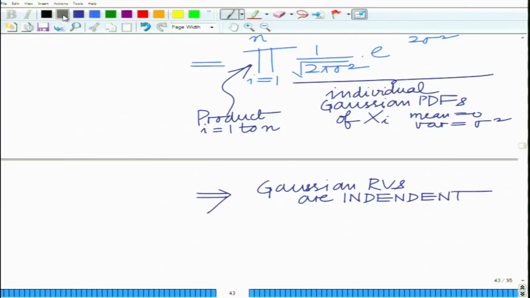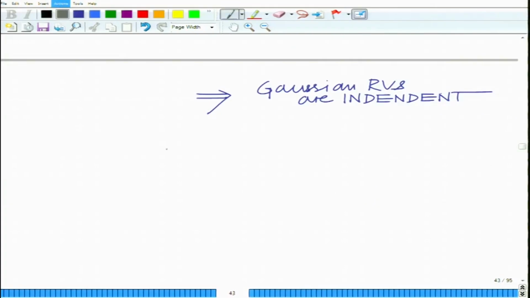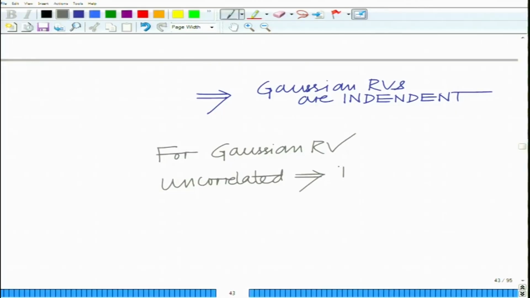Okay. So, for a Gaussian RV, uncorrelated implies that they are independent.